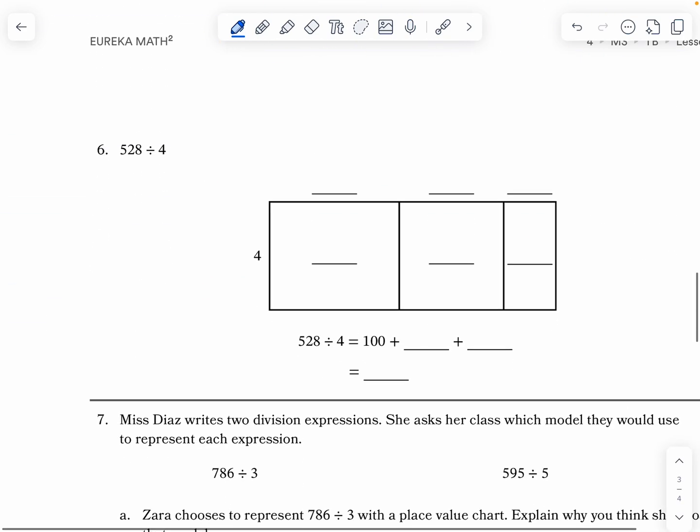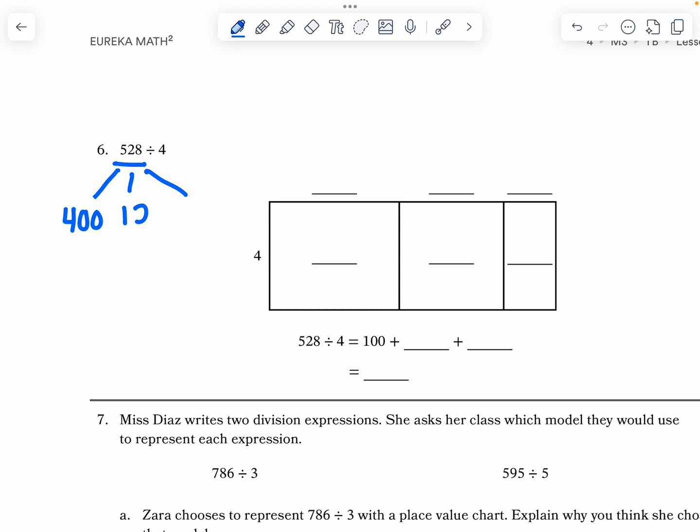Now it's your turn to try it, but I'm going to help you out and give you the numbers inside the squares. So we are going to take 528 and I'm going to decompose that into 3 numbers that will total 528 but are easily divisible by 4. So I'm going to use 400 as 1. That leaves 128.